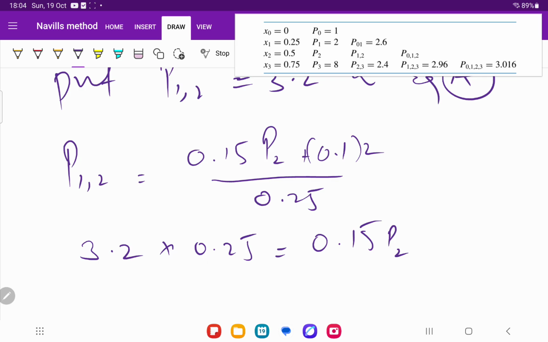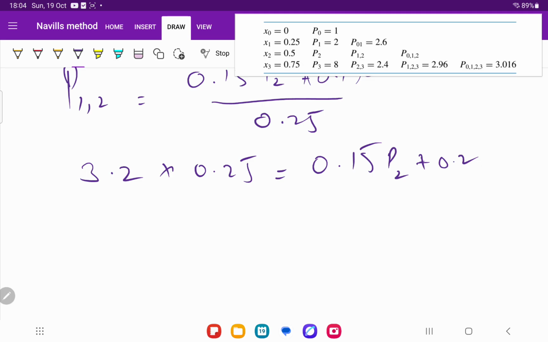So what about 2 multiplied by 0.1? 0.2. So 0.25 multiplied by 3.2 is 0.8, and minus 0.2 is 0.15 P2.